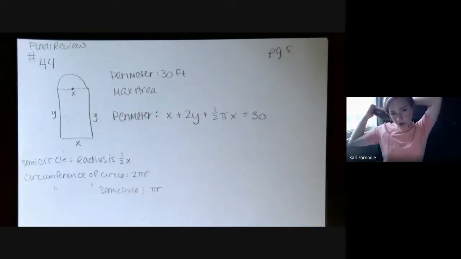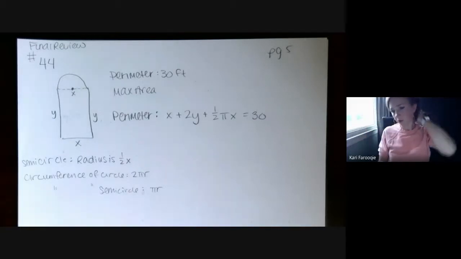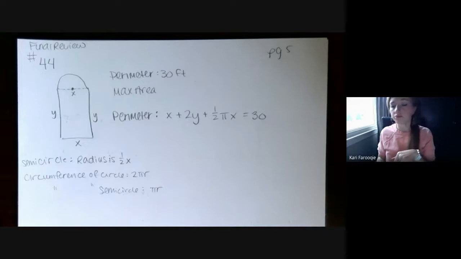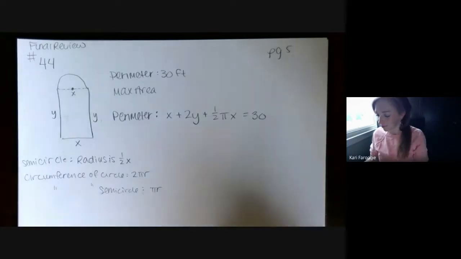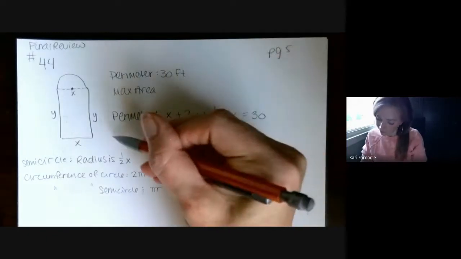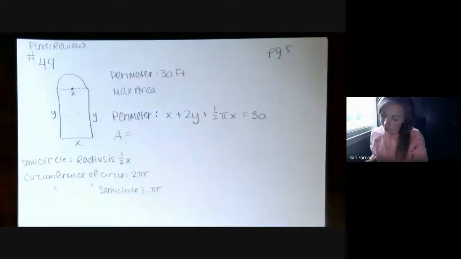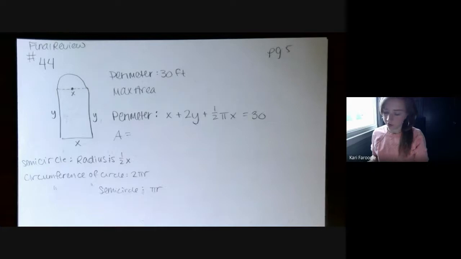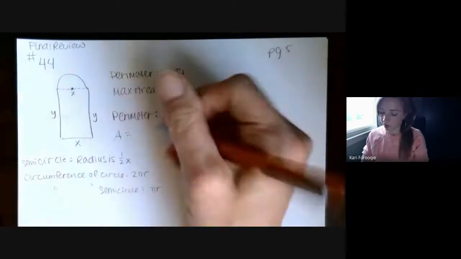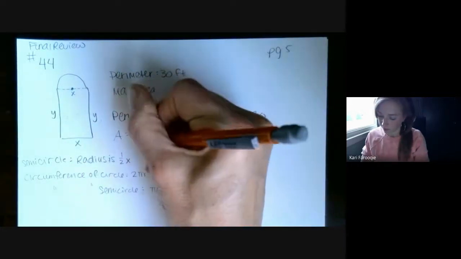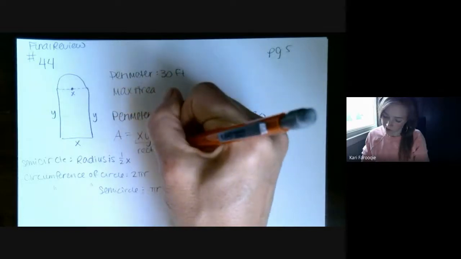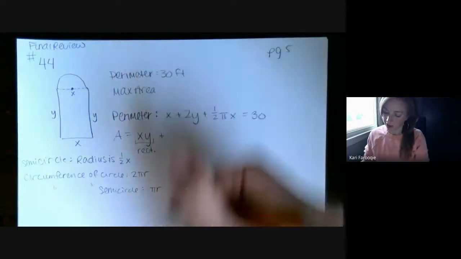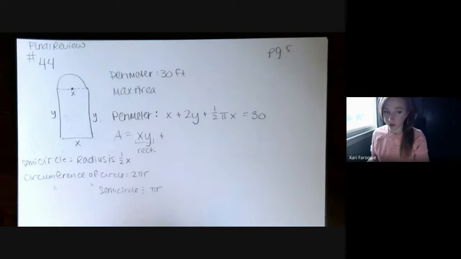Now we'll write an equation for the area. If you have questions, please ask. Or if you see me do anything weird, which has been known to happen, especially this evening. For the area, the area for the rectangle is just going to be xy. So this will be for your rectangle. And you're going to add that to the area for the semicircle.